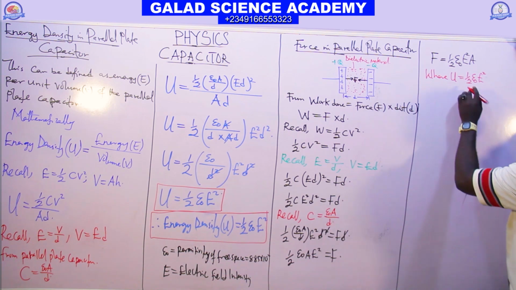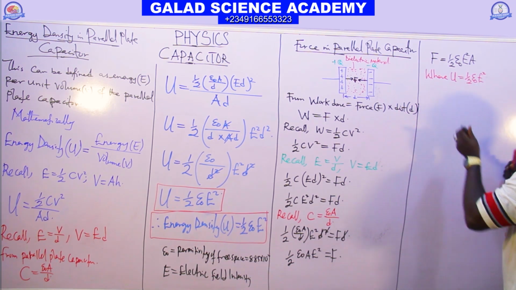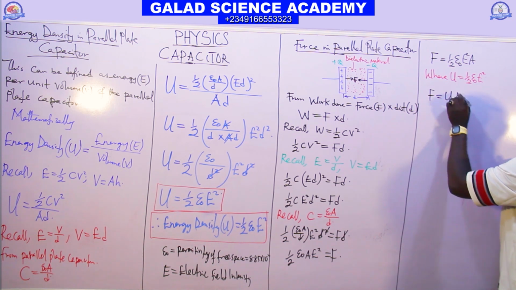By doing that, you will now have the force in the parallel plate capacitor F equal to U A.